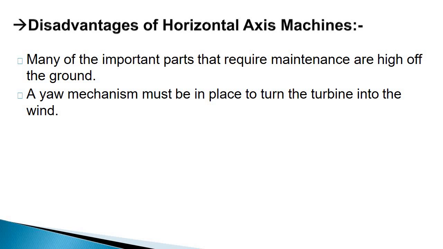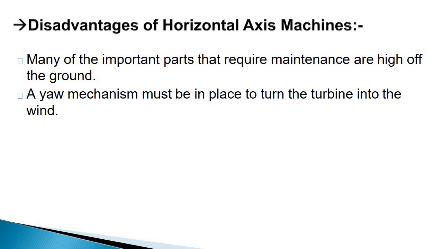Disadvantages of horizontal axis machines. Many of the important parts that require maintenance are high off the ground. So the maintenance part is costly in case of horizontal axis machines. Then a yaw mechanism must be in place to turn the turbine into the wind.